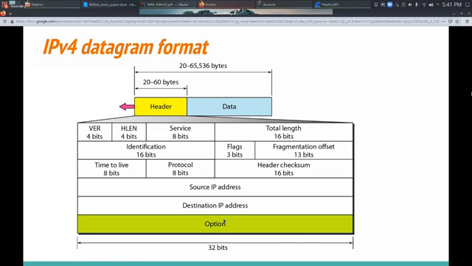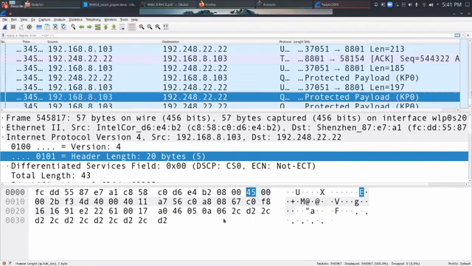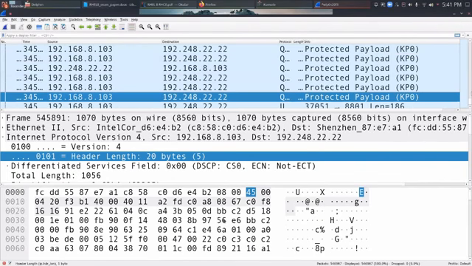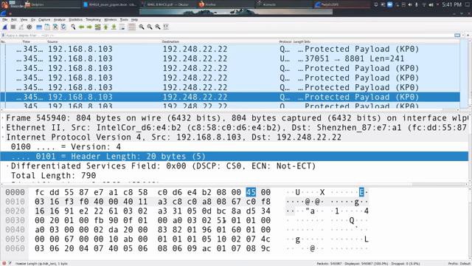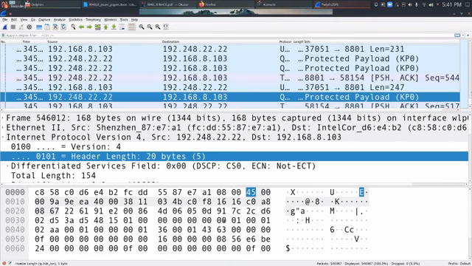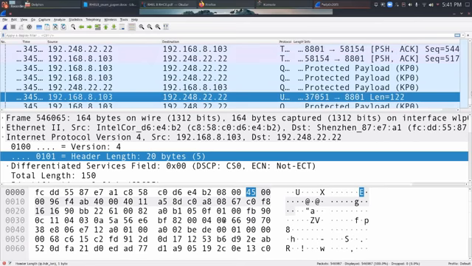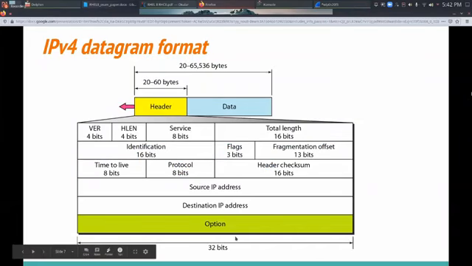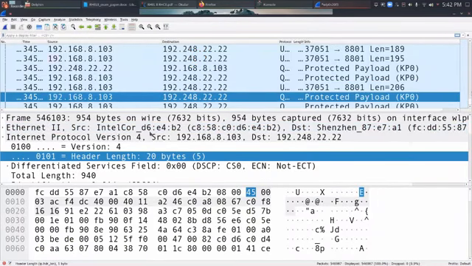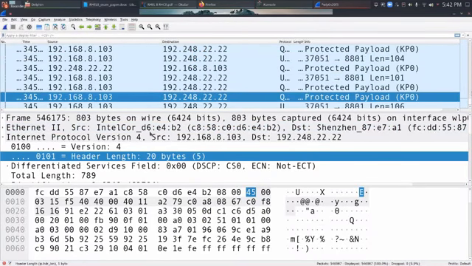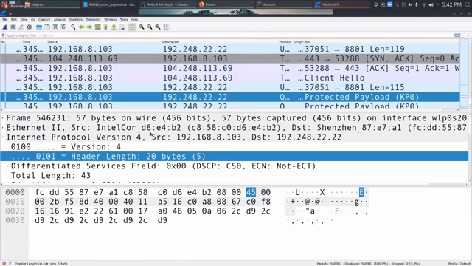But some data packets might contain options. With the extra options, the size will definitely be more than 20 bytes. The size of the IPv4 header might go up to 60 bytes. Are you clear, guys? The data packet might go up to 60 bytes. Are you clear, guys?